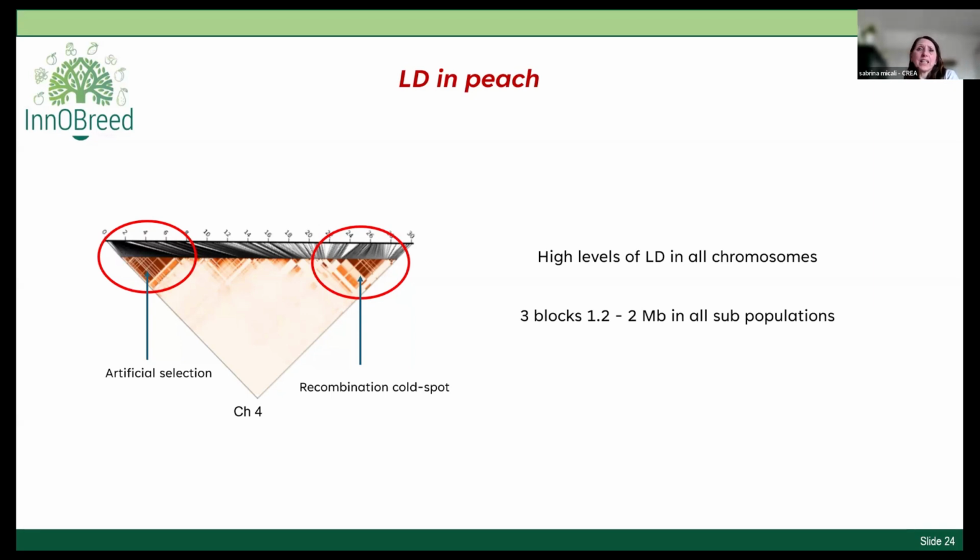And here you see, at the beginning and at the end of the chromosome, two blocks of high LD. This is probably attributable to artificial selection, while this was also observed to be a recombination cold spot.